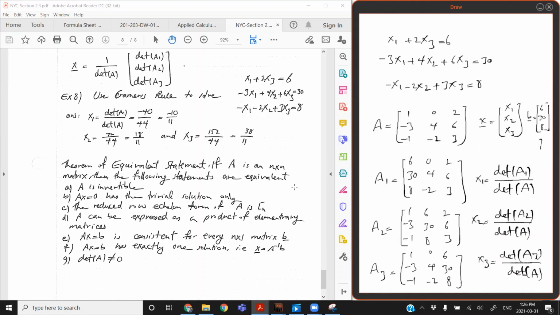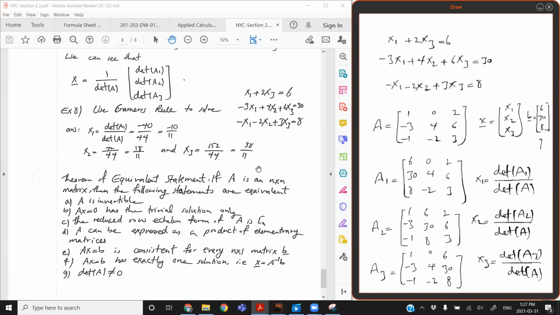Sir, I'm confused. How did you get A1, A2, and A3? A1, I'm going to repeat what I said. A1 is obtained from A just by replacing the first column of A with B. Is it clear? Yeah, okay, I get it. For A2, it's the second column which is replaced. For A3, it's the third column that's replaced.